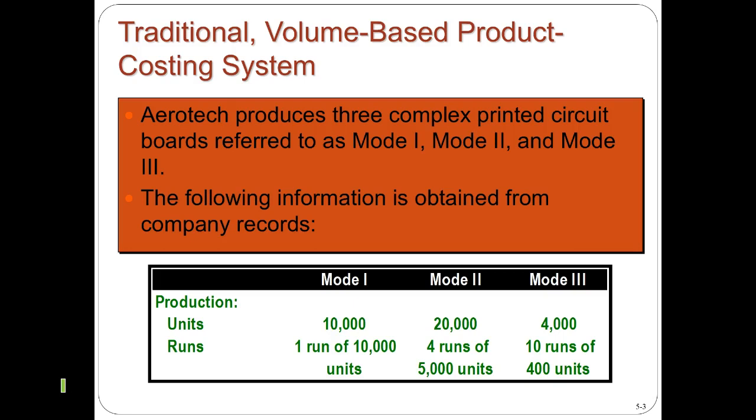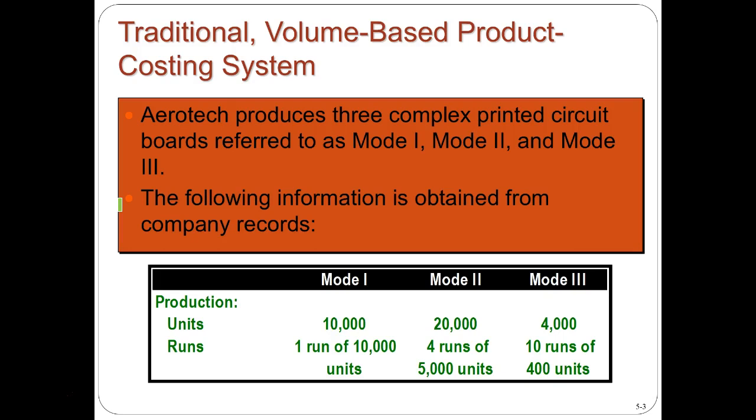Now, after we talk about that normal method, we're going to take a look at how to maybe do that more precisely, because there's a lot of things in overhead, and maybe that one driver isn't the best thing to allocate all the costs. So first we'll take a look at the traditional method, and we have this company that processes 3 complex printed circuit boards referred to as Model 1, Model 2, and Model 3, quite originally named.